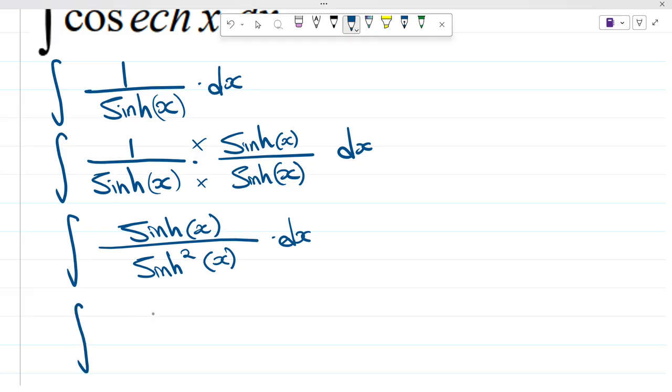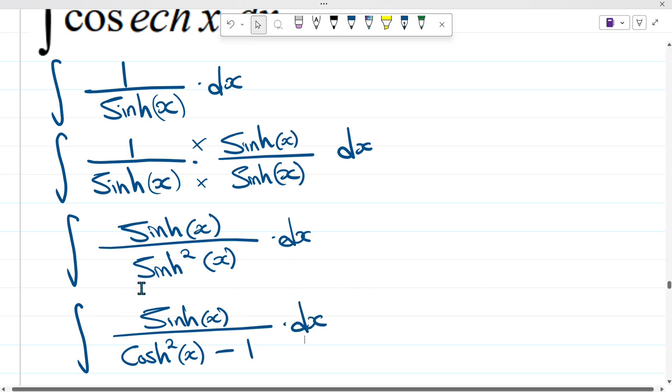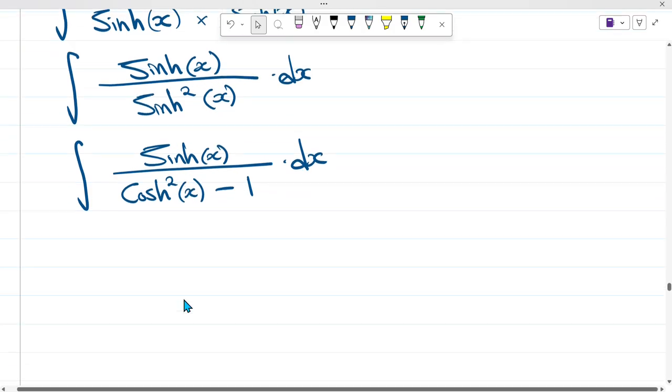Let me write that numerator the way it is, divided by hyperbolic cos squared of x minus 1 dx. When we use square identities, guys, it is equivalent to this in hyperbolic functions. You understand?